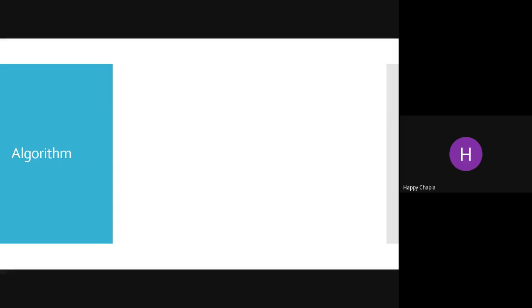Before we move towards that, is there any doubt or confusion about the difference between Dijkstra's, Kruskal's and Prim's? Any confusion? Yes, any doubt in this?